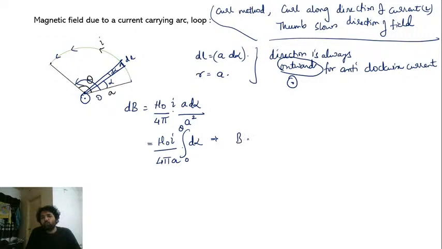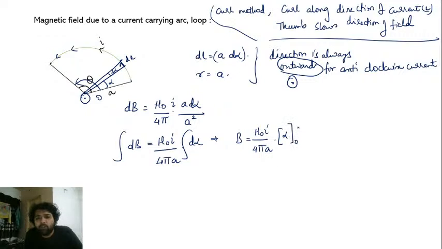Now integrate. So B is equal to mu naught I by 4 pi a into alpha from 0 to theta. So B is equal to mu naught I by 4 pi a into theta.